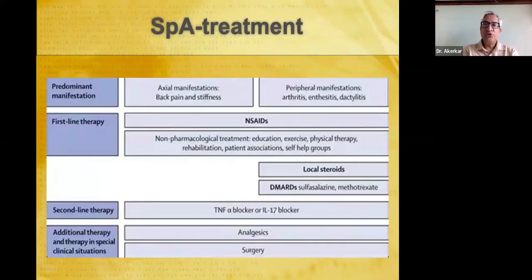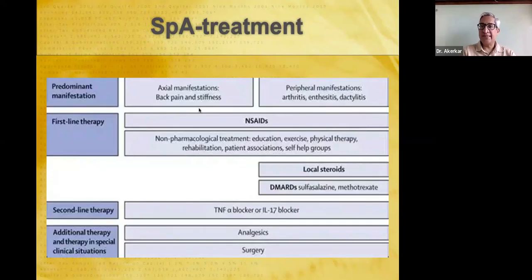Now that we have diagnosed, what is the treatment? So we will divide it into axial and peripheral because the treatment is different. The first line of therapy is NSAIDs, particularly when it comes to axial SpA. In axial SpA, NSAIDs and exercises by themselves lead to remission in many patients.